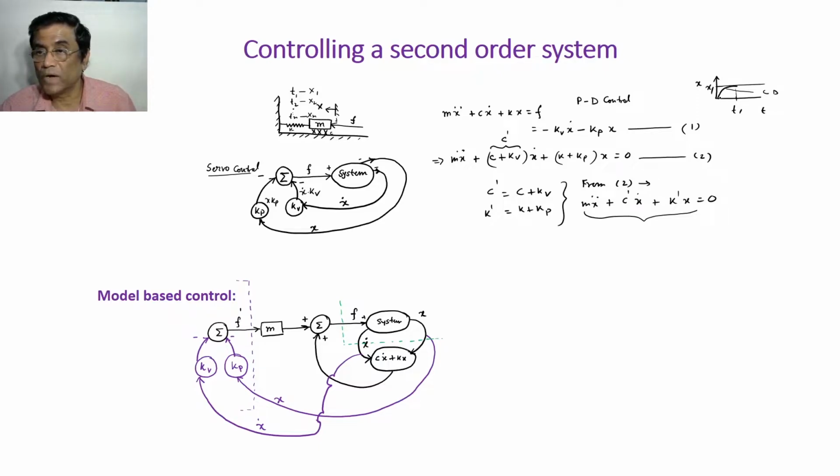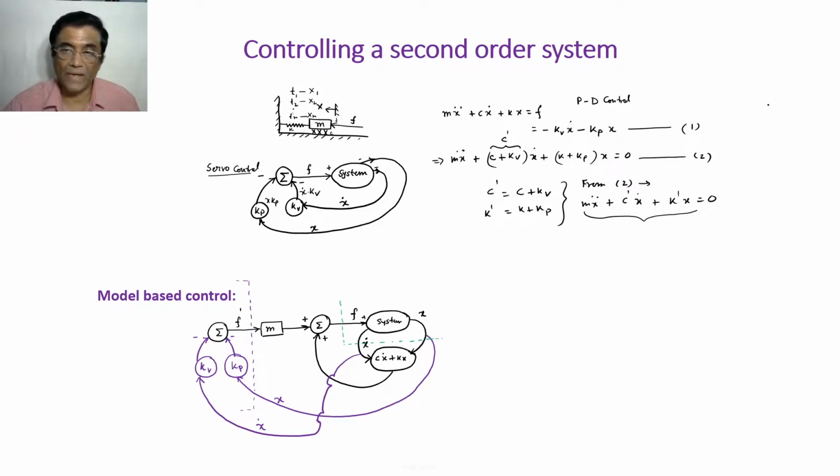We do not want my controller to be like this, because then at time t equal to t1 it will take more than t1 to reach, or I do not want it over damped like this. These fundamentals you perhaps understood from my earlier lecture. That's why the critical damping situation is very, very important.